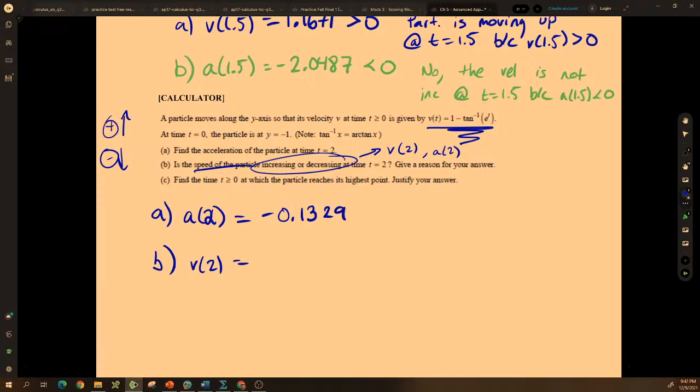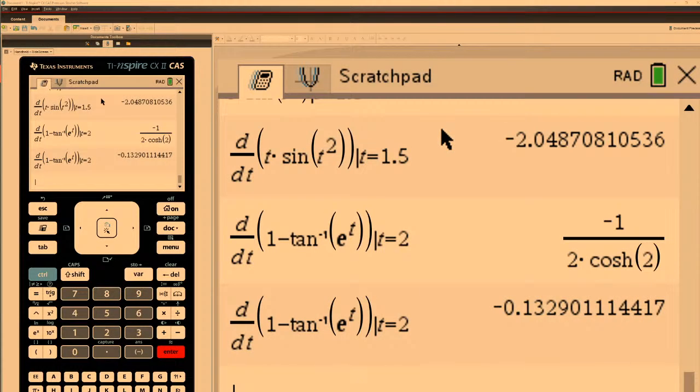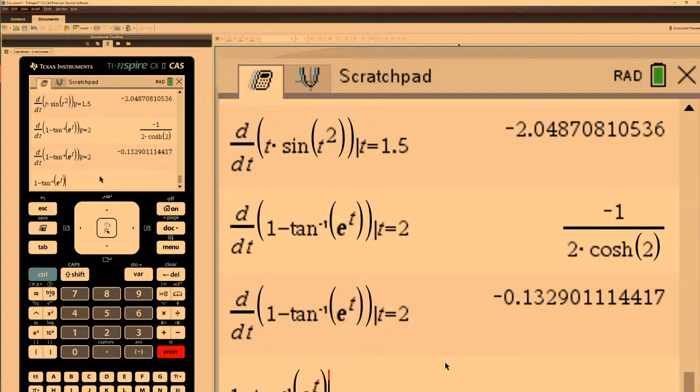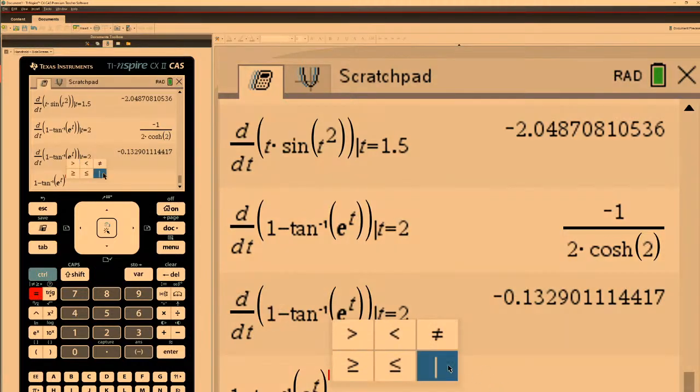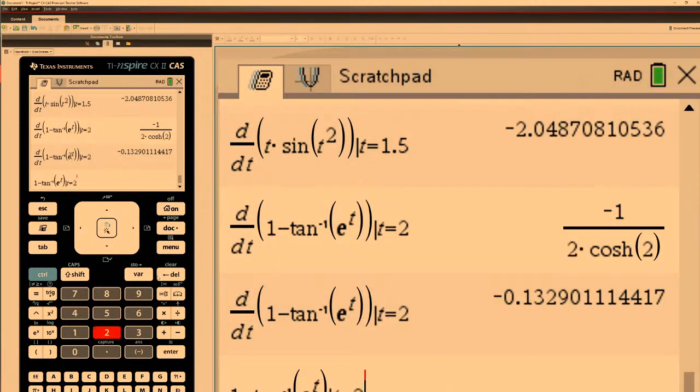In order to get V of 2 on my calculator, I'm just going to pop back up here and highlight this so I can be a little bit lazy. Hold down Shift, select that part, hit Enter, and then I can do control equals at time 2, and again I'll do control enter.